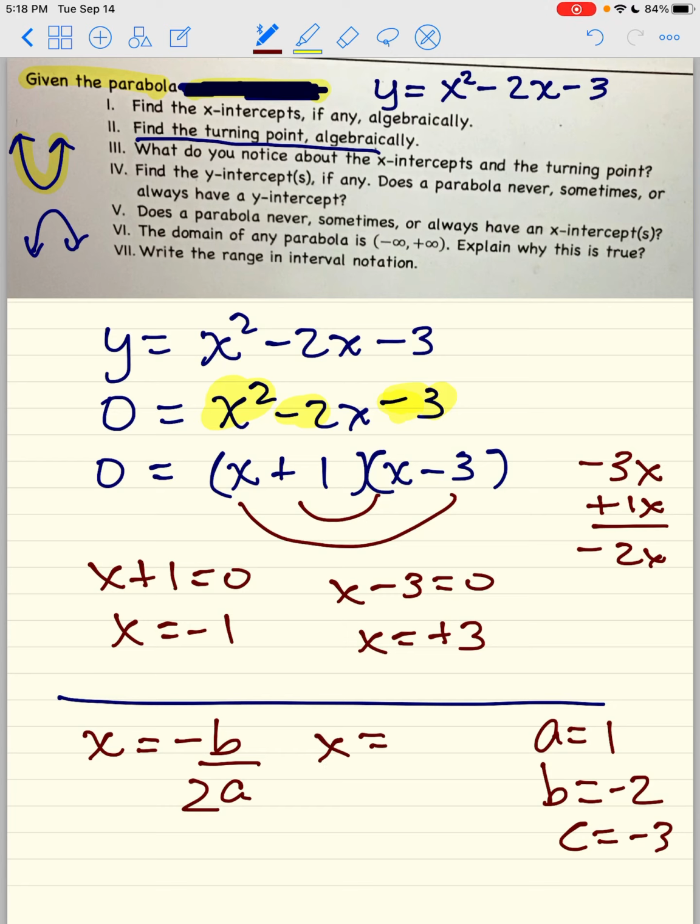So in this case, we're going to say negative b, so it's a negative negative 2 over 2 times 1. So it's just going to be 2 over 2, which is 1, okay? But because I'm asking you for a point, you're going to have to put this back into the equation. That's how we get the y part.